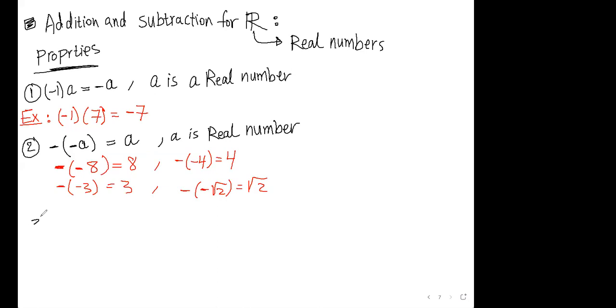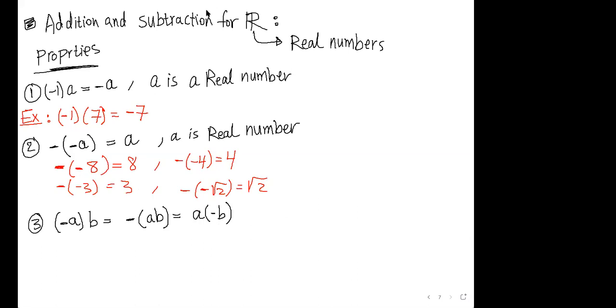Third property. What is minus A times B equal to? Negative AB. That's true. What else? Negative BA. Yes.